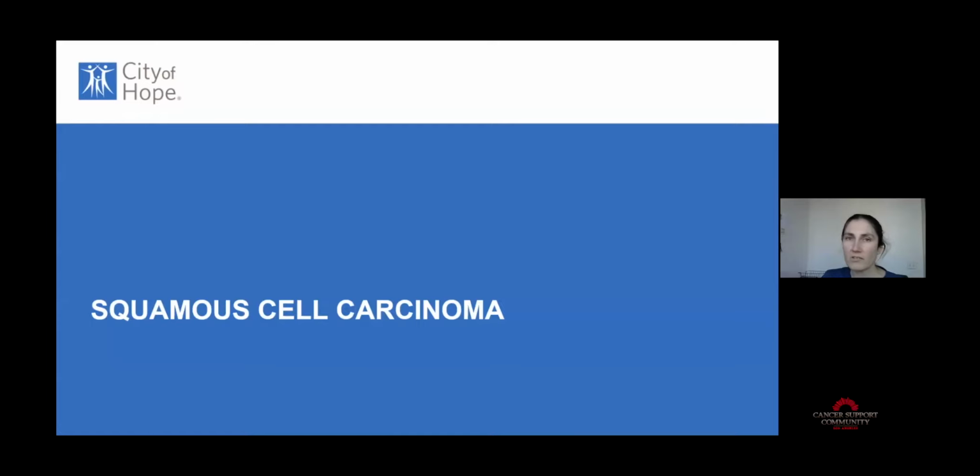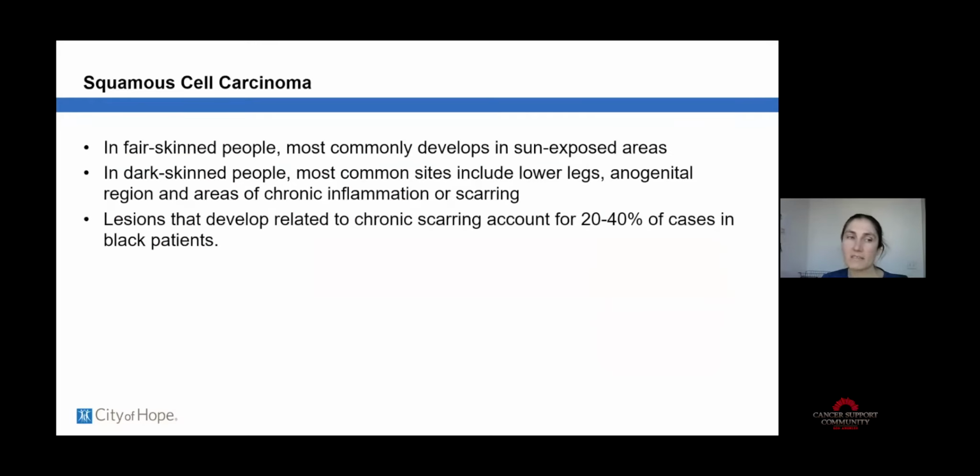For squamous cell carcinoma, similarly to the basal cell carcinomas, it's generally more common in fair-skinned people, but can also develop in darker-skinned people. And usually in fair-skinned people, it's developing in areas of sun exposure.